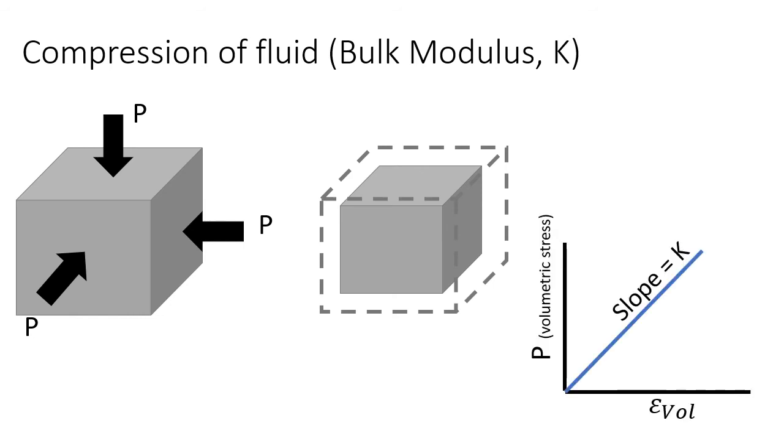And we can look at that compression, and it's very similar to looking at Young's modulus for a direct stress or strain in a solid material. Here we can look at our pressure, so that's our pressure stress, against the volumetric strain, and we'll get a straight line for this isotropic material, this isotropic fluid. And the slope of that we term K, and that K is called the bulk modulus for that fluid.